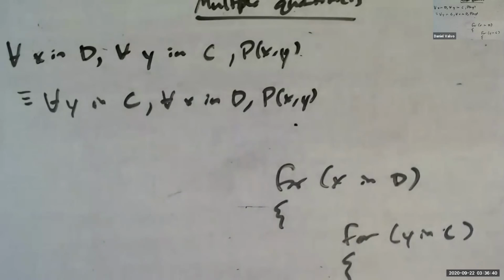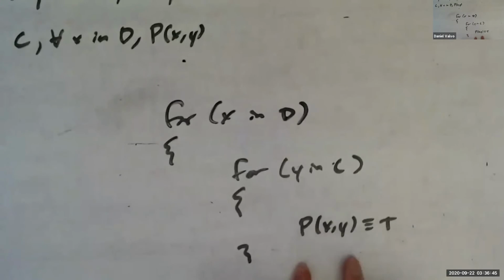It's got to be true always. Right? It has to always work. If it doesn't work in any one of these loops, you return false.